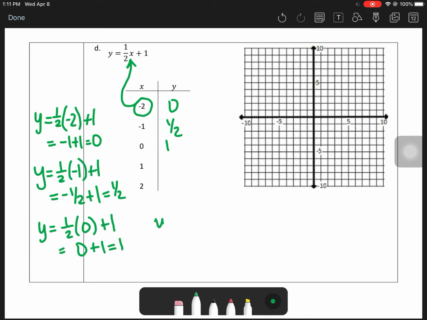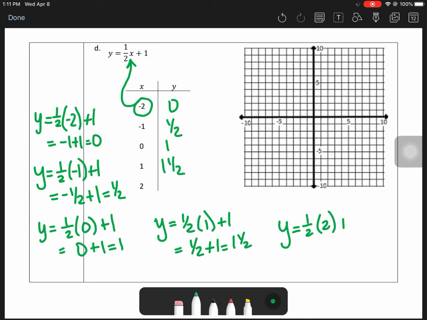Now I'm going to plug in a 1. 1 times a half is a half, and 1/2 plus 1 is 1 and a half. Now I'm going to put in a 2. Half of 2 is 1, and 1 plus 1 is 2.